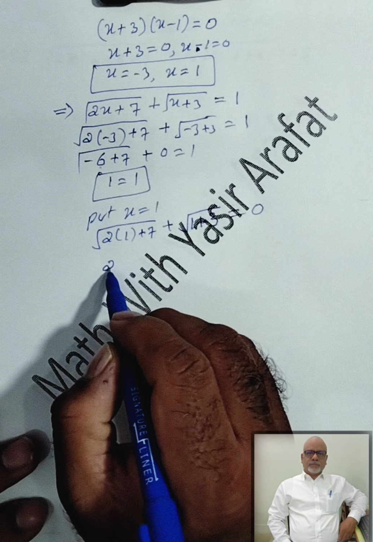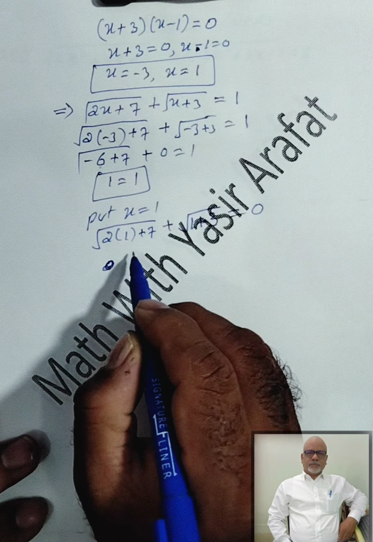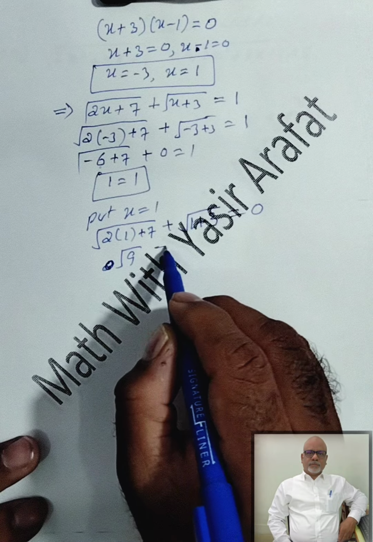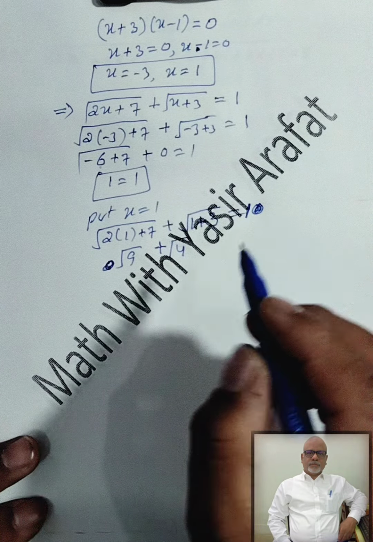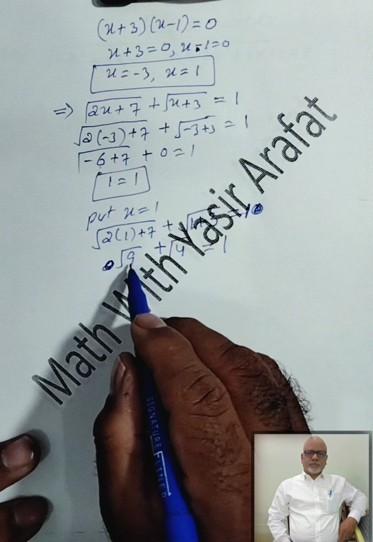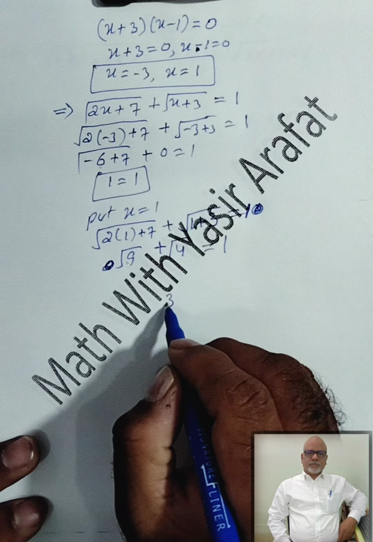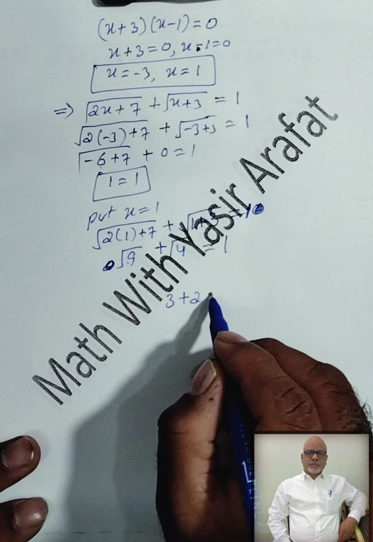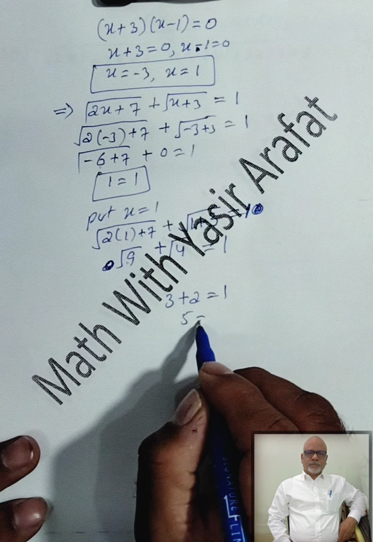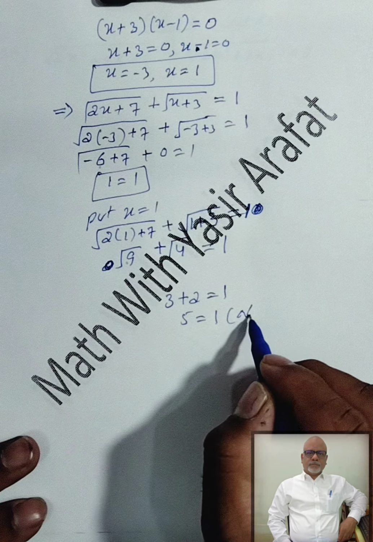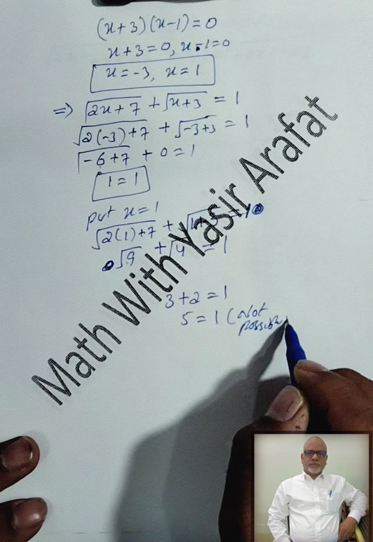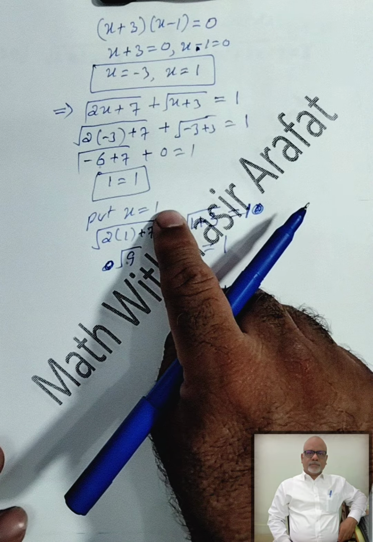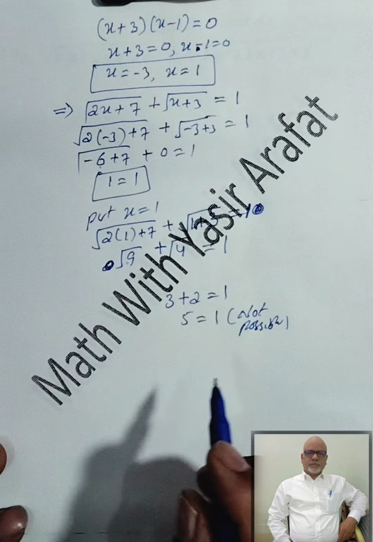So this is 2, 1s are 2, radical 9 and this is radical 4, it is equal to 1. Radical 9 means 3, radical 4 means 2, 5 is equal to 1, not possible. That means x is equal to 1 is not the root of this equation.